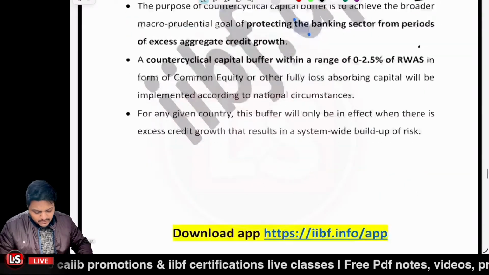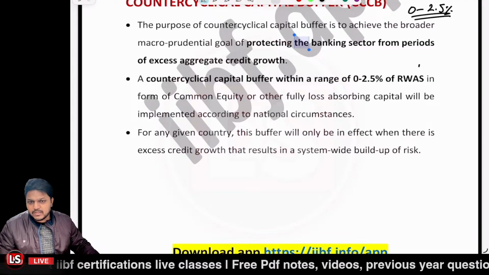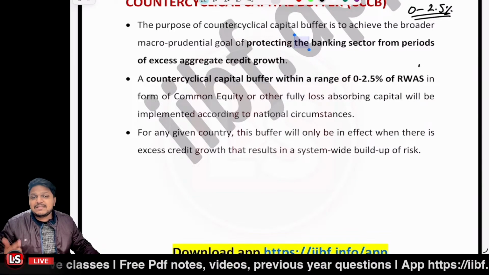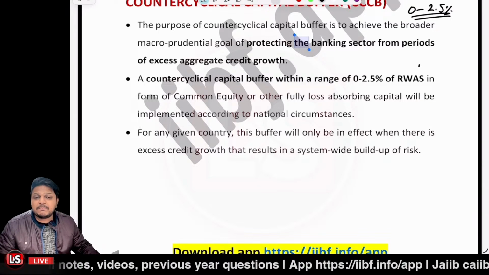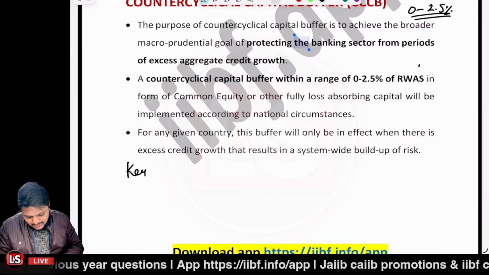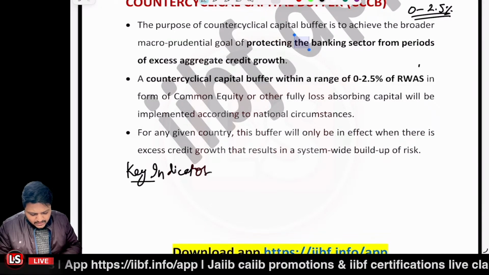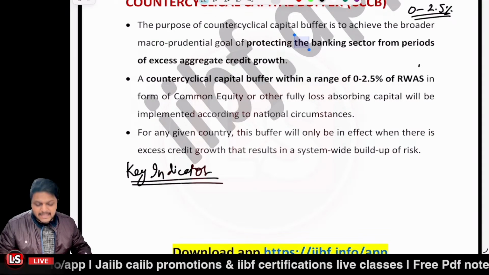But the major point that we need to understand is about the activation and the deactivation. When it will be activated or deactivated. So the decision to activate the CCCB will be pre-announced. And the main key indicator which will be leading the trigger to be there is actually the credit to GDP gap.